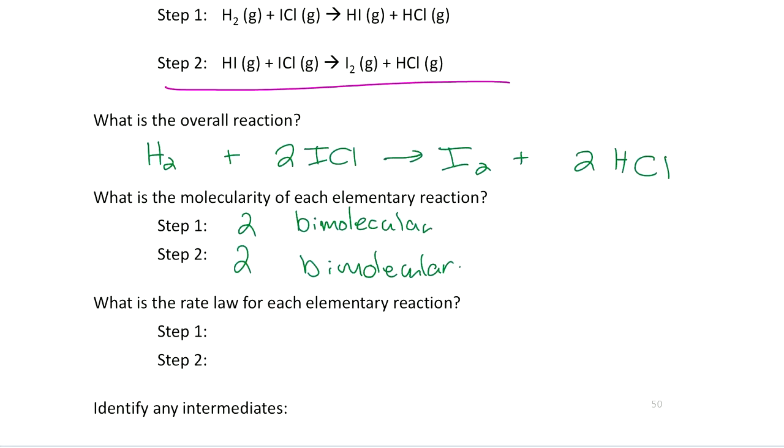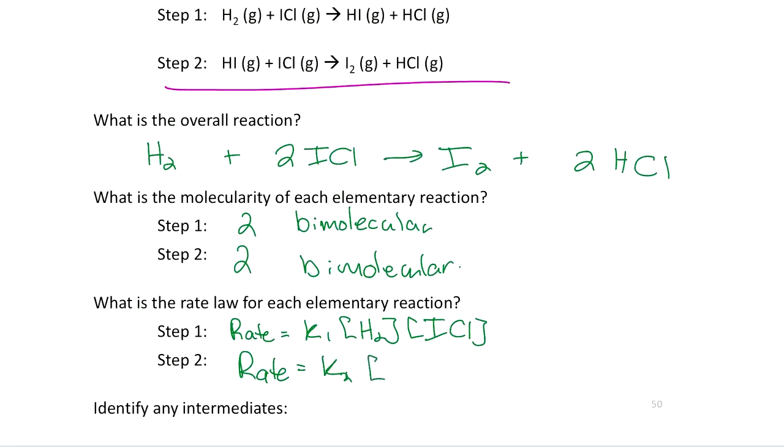For step 1, the rate law for just that step is rate = k1[H2][ICl]. I'm calling it k1 because this is the k for step 1. That's it. We're allowed to do it. Then step 2 is going to have a different rate constant, k2. It's a different value. I don't know what it is, but it's okay. It will depend on the concentration of HI times the concentration of ICl. And that's it.